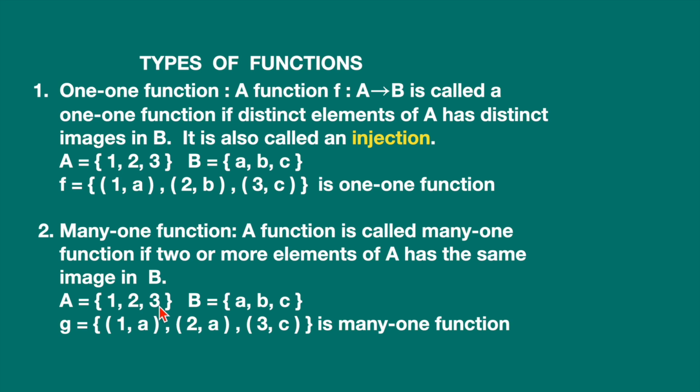The image of 3 is c. Now this function g has the same image for 2 different elements of A. So this is not a one-to-one function, it is called a many-to-one function.